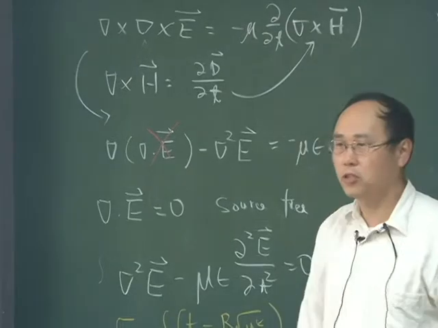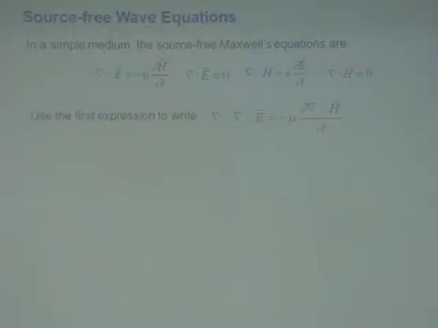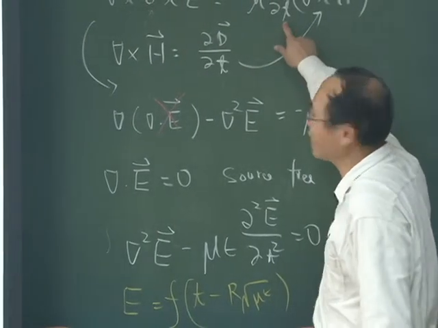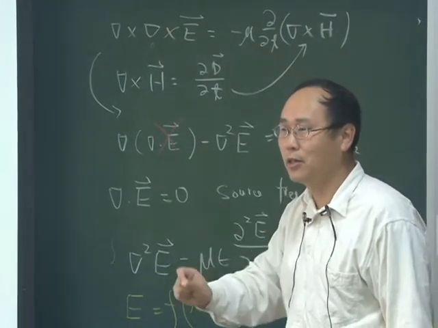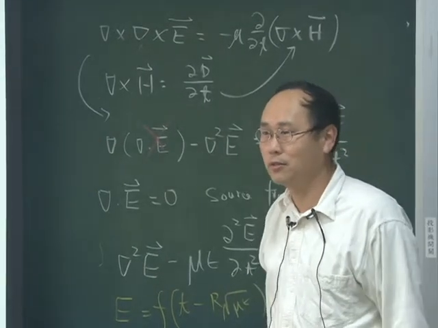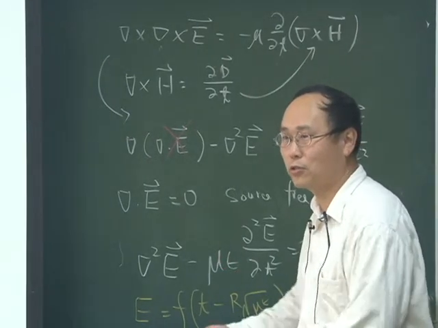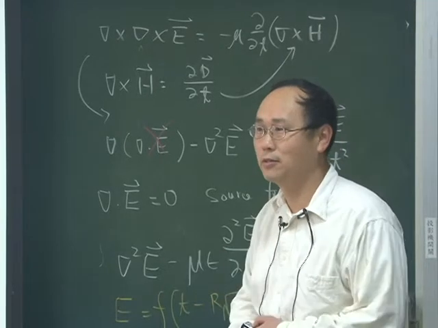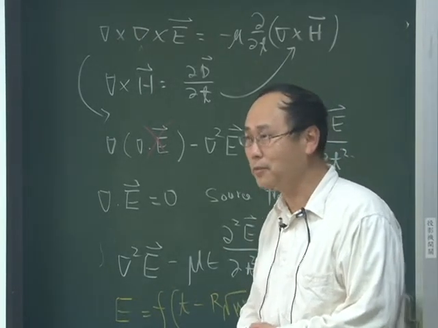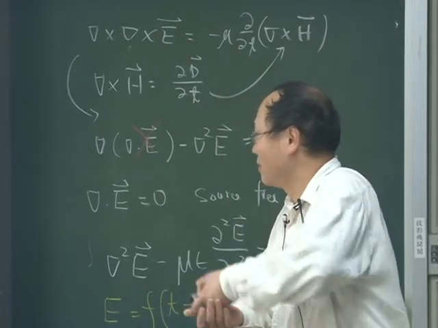This means that if you have an electromagnetic wave, if you have an electric field changing with time, this is a function of time, so the field is going to propagate. So when you get this equation, you have to think about physically what happened. If you have a time-varying field in space, the field will travel, and this is the electromagnetic wave.